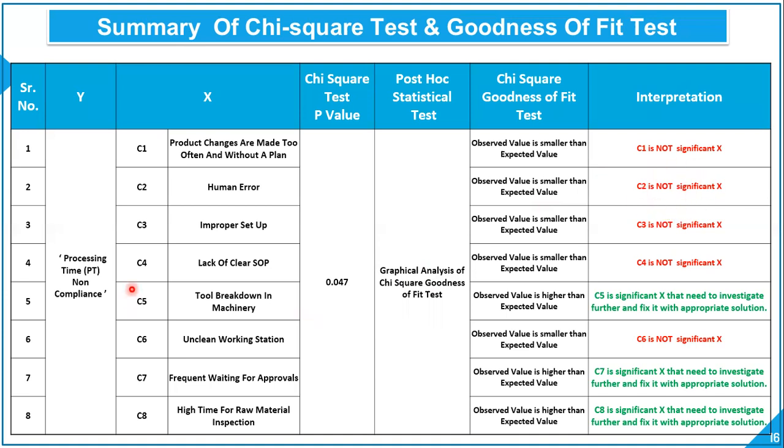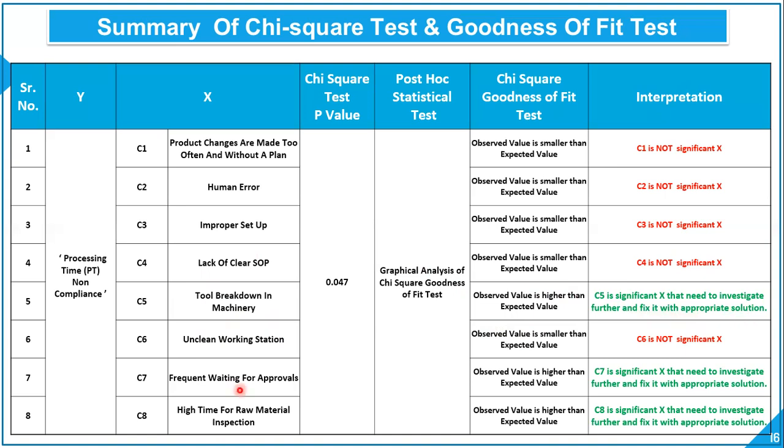However, in the case of C5, C7, and C8, we have observed that the black colored bar of the observed value is higher or taller than the bar of the expected value in that graph. And that is why C5, tool breakdown in machinery, is a significant X that needs to be investigated further and fixed with an appropriate solution, say in the Improve phase.